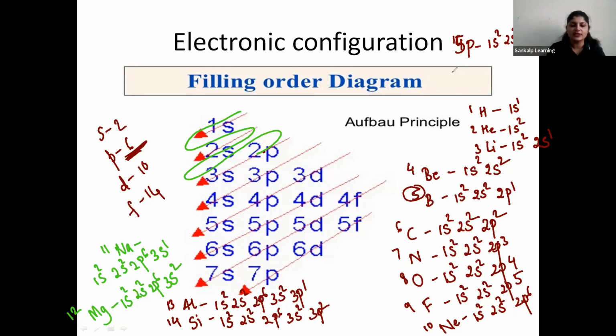Then after phosphorus is sulfur, 16: 1s2, 2s2, 2p6, 3s2, 3p4.